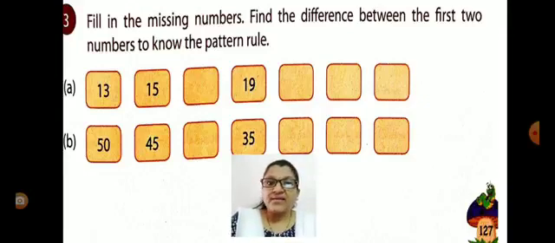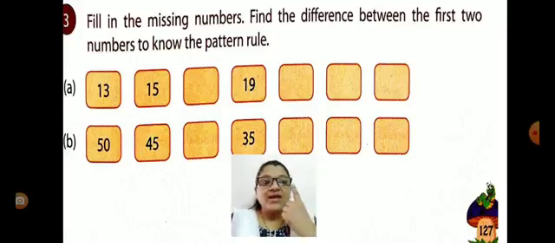Example A, first two numbers given are 13 and 15. Children, here when we add 2 in number 13, we get number 15. See, after 13, if we count further, 14, 15. See, the difference is 2.